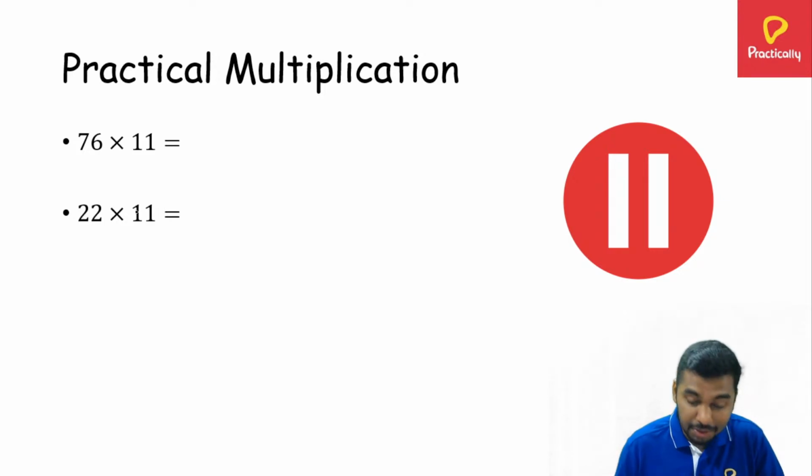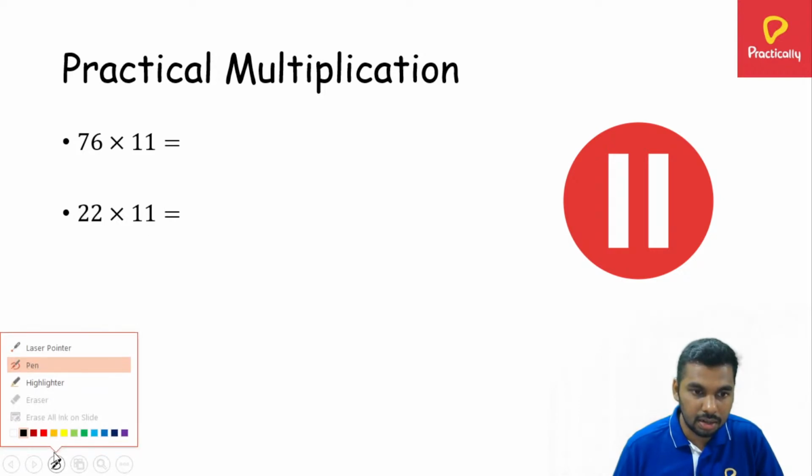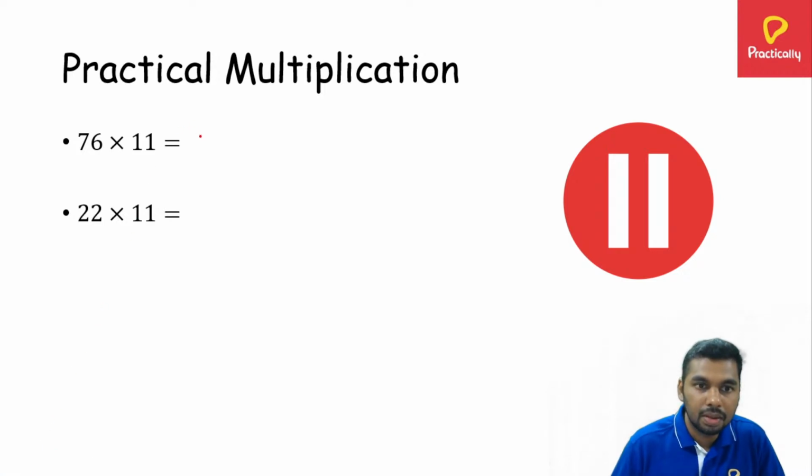So Pradiksha has given the first answer. Let me just write that down for everyone so others can check it. So the first answer, I think, is written as 836. Second answer, yeah, who has given it? Okay, I think Sri Devi has given the answer, 242.